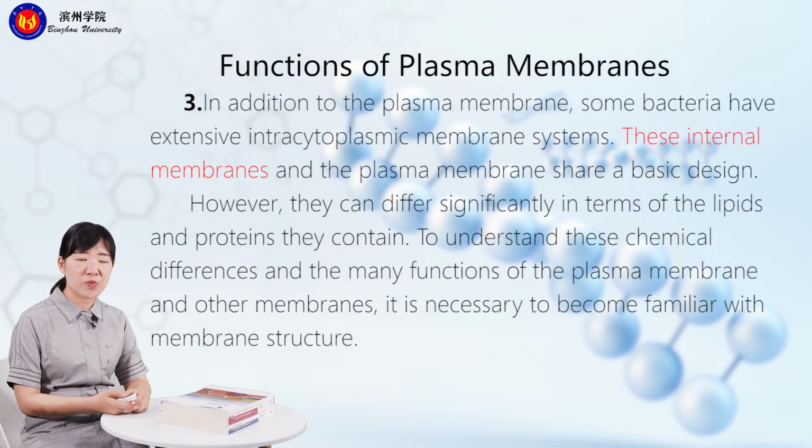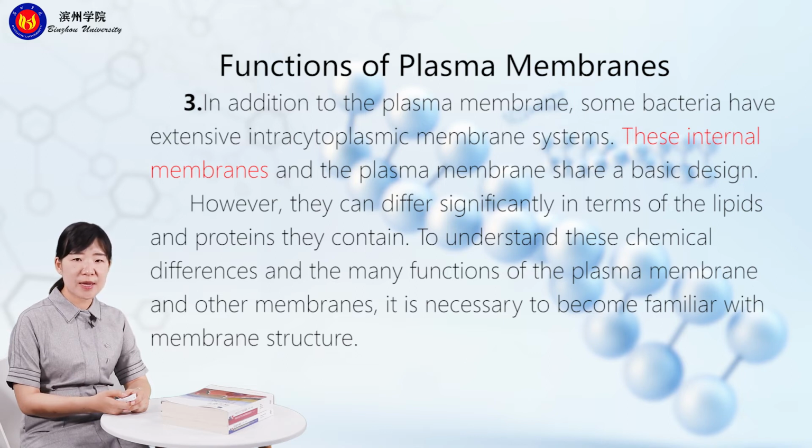In addition to the plasma membrane, some bacteria have extensive intracytoplasmic membrane systems. These internal membranes and the plasma membrane share a basic design. However, they can differ significantly in terms of the lipids and proteins they contain.